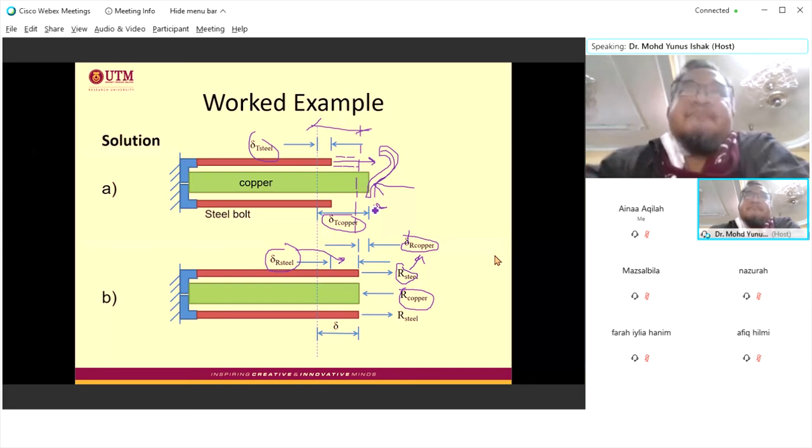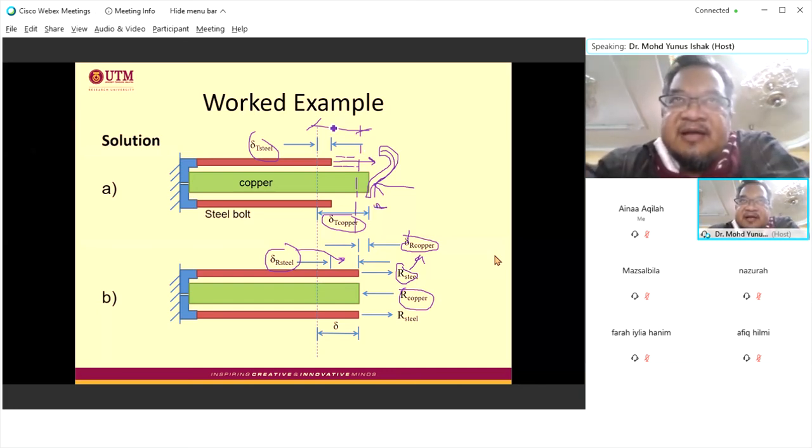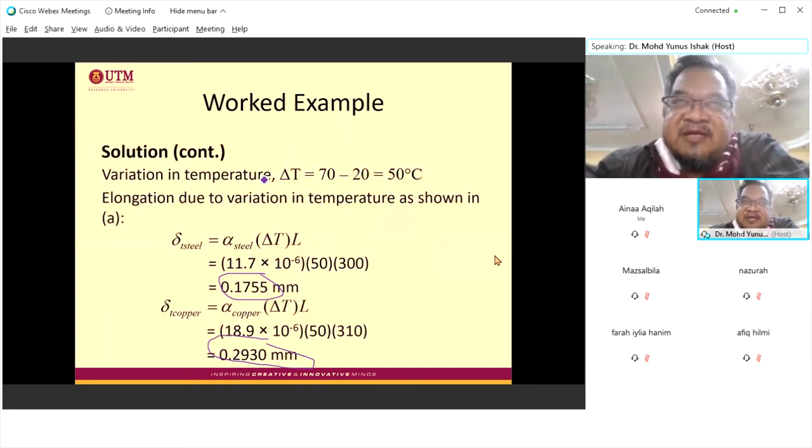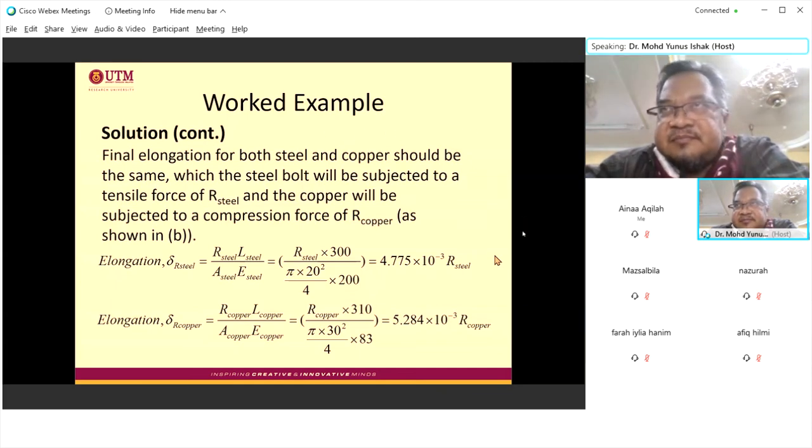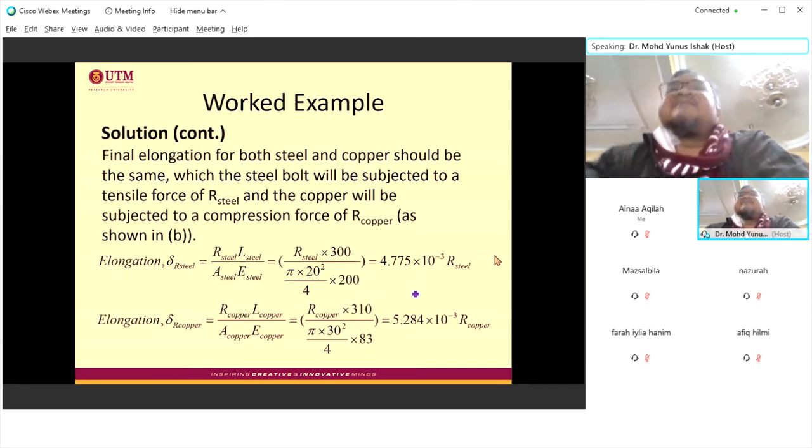So, temperature already calculated. Now calculate for external force. So the external force for steel, we need this amount, 0.775 times 10 to the power of negative 3 R steel.